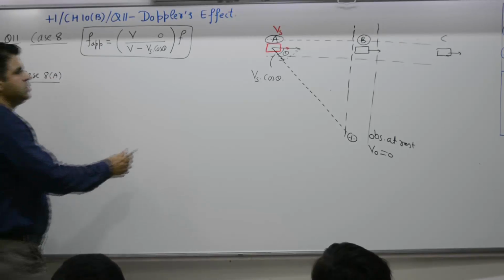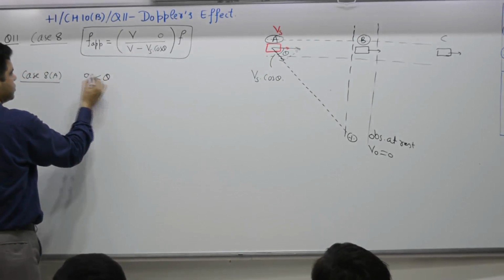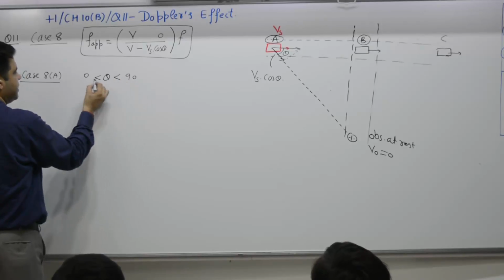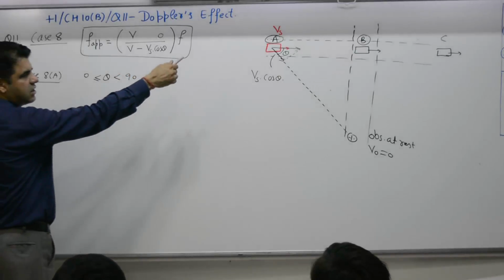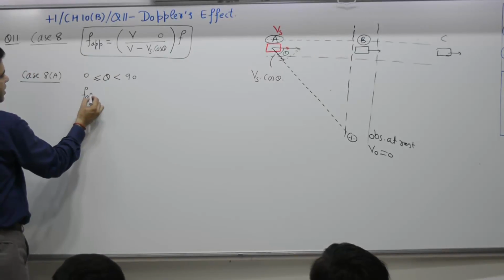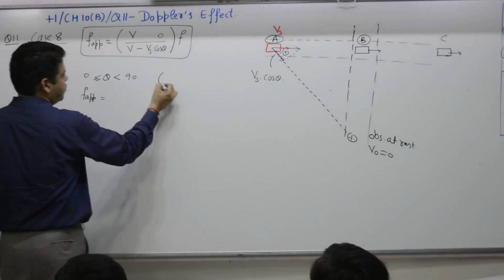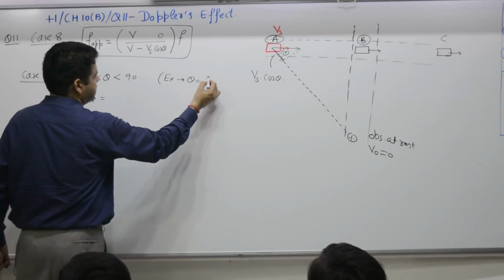When it is at this position, as an example, this is a case when theta lies between 0 to 90 degrees. It can be equal to 0 also. Equal to 90 will mean case B. For this case, F apparent is equal to what? We can quote an example: theta is equal to say 60 degrees.